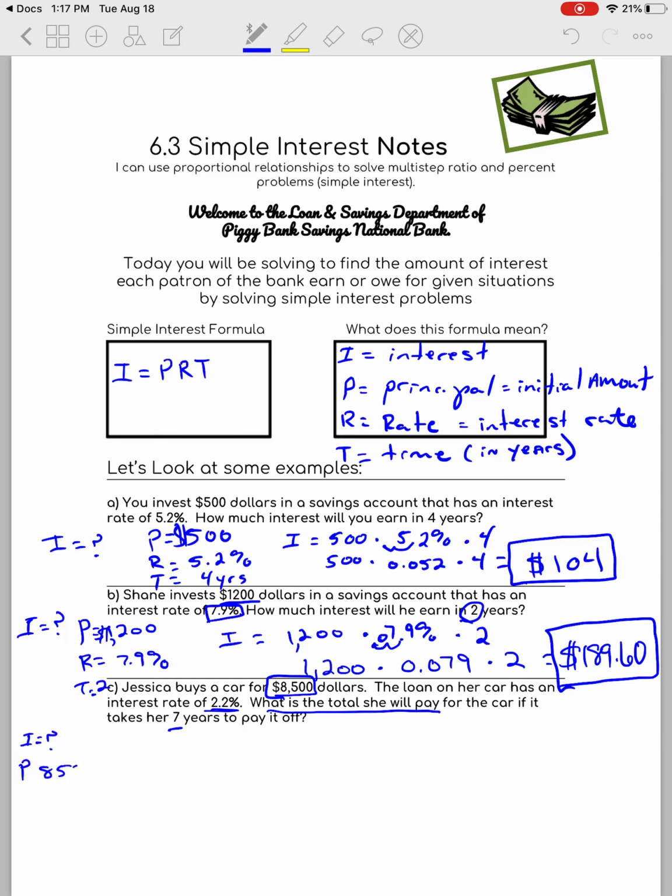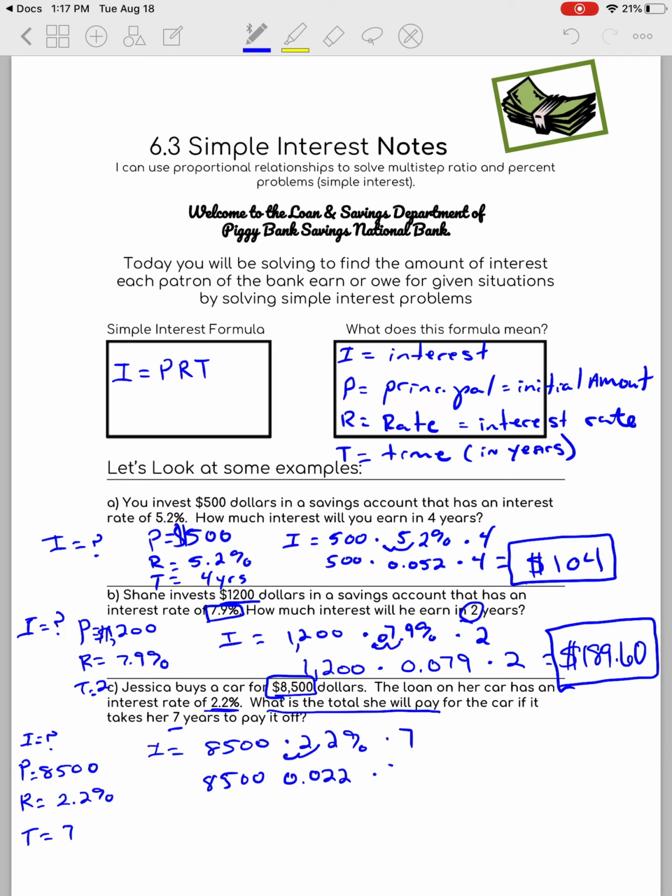So we don't know the I. We know the principal is $8,500. We know the rate is 2.2%. We know the time is 7 years. So you have I equals 8,500 times 2.2% times 7.